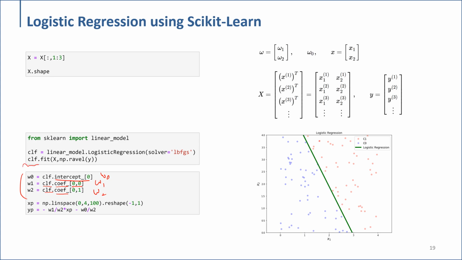So by using this one-sentence command, you can automatically obtain the trained weight values, and when you plot these data, you can see that the logistic regression model appropriately divides these data into two classes, C0 and C1.